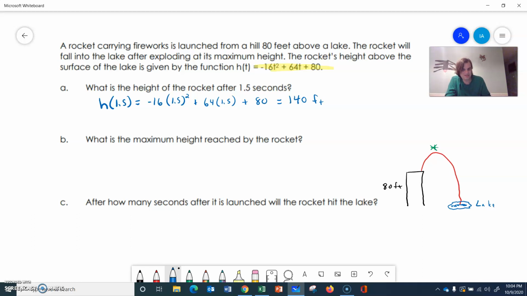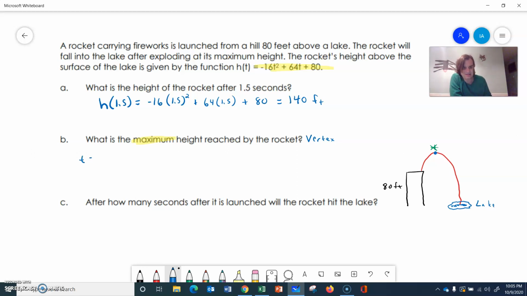Okay, B, what is the maximum height reached by the rocket? They're asking us for the maximum, and remember that would be where this little guy turns around or reaches its highest point. That would be the vertex. And remember how we calculate the vertex.